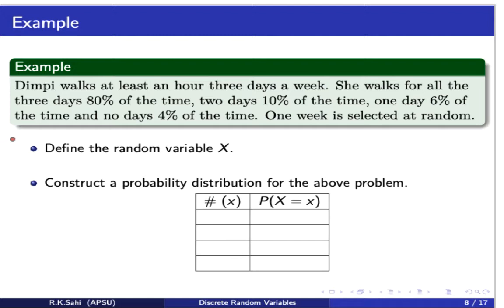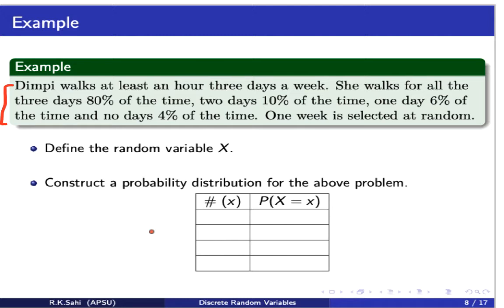So this is a nice little word problem. This word problem is talking about walking at least an hour 3 days a week. Randomly a week was selected, and then they observed how many times the walking was done.